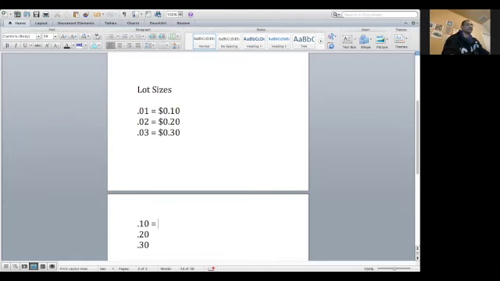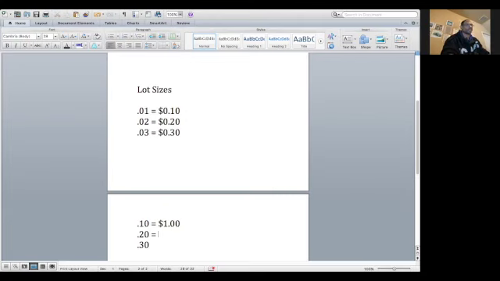Now, 0.10, decimal point to the right, 1.0, slide to the right once. Add a 0 to it, and that should show you exactly how much it's worth, $1.